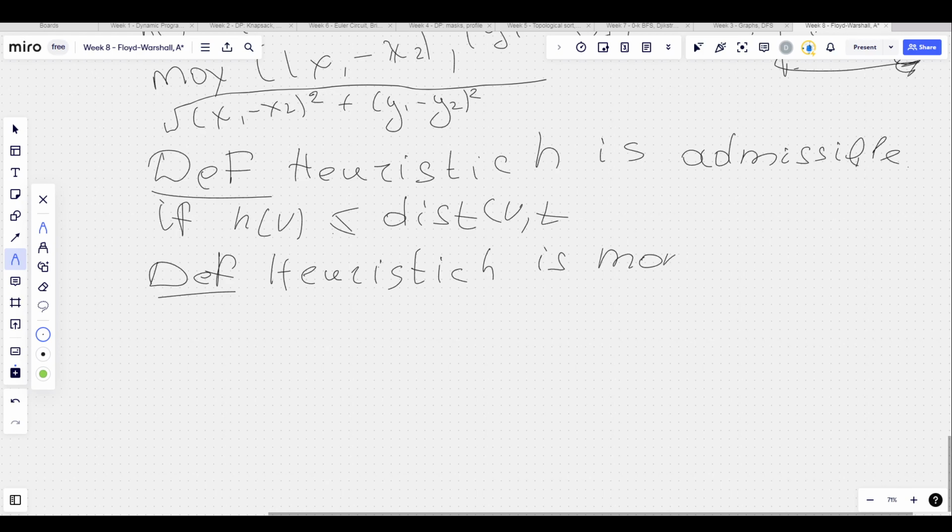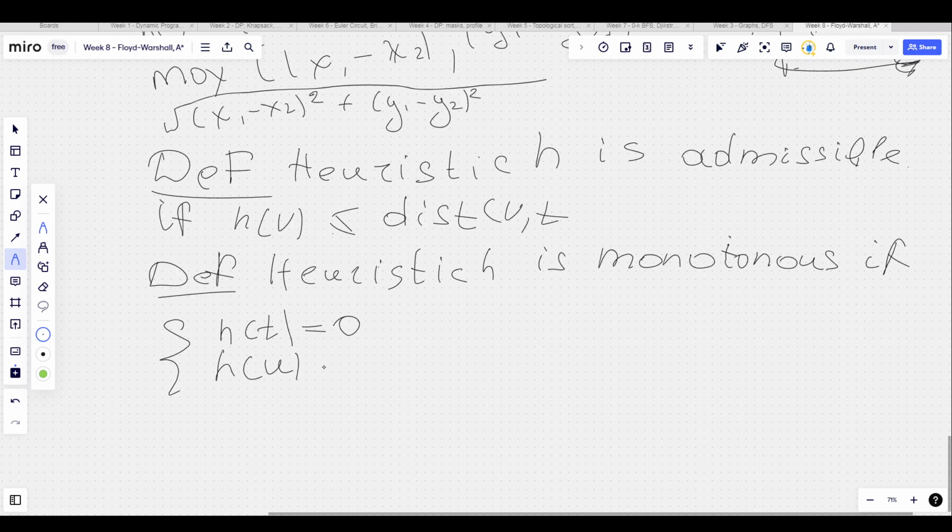Is monotonous if h(t) equals to null and the triangle inequality performs: h(u) less than h(v) plus w(u, v).